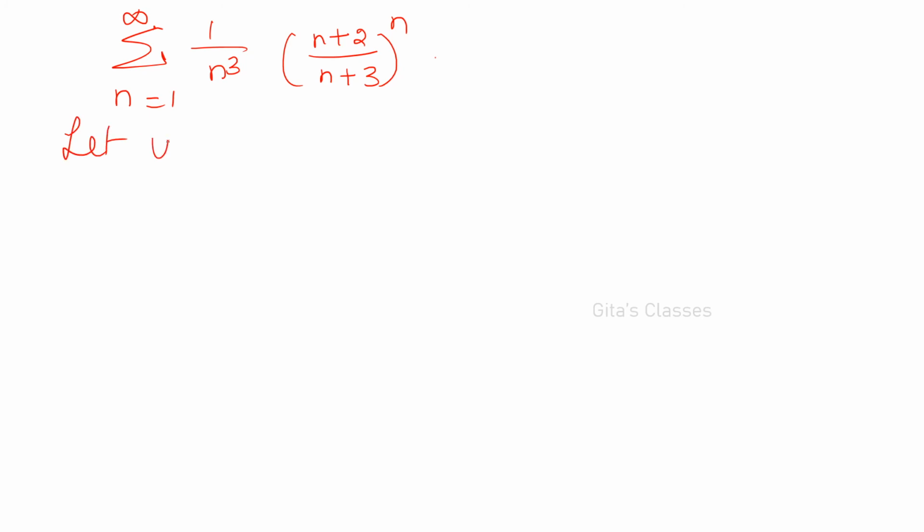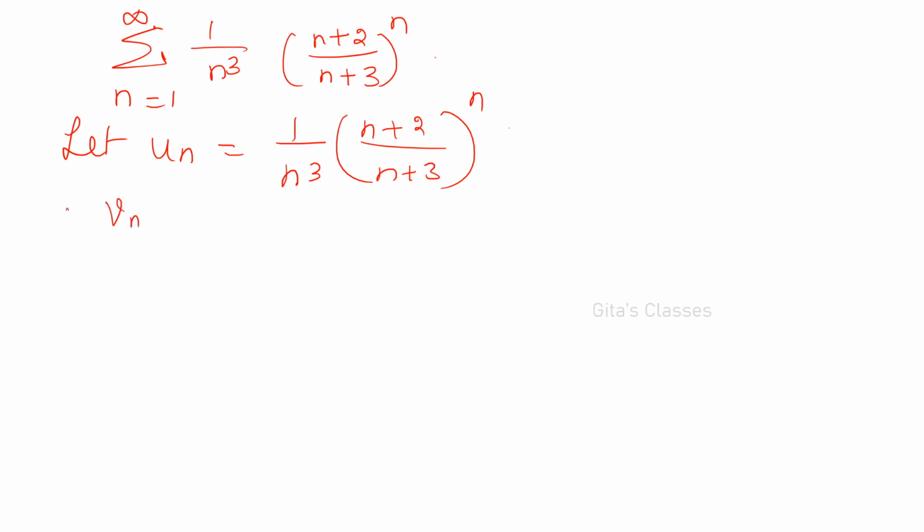So let un is equal to, what is un now? In the previous problems they have given n terms. Now sigma directly they have given, n varies from 1 to infinity. So un is equal to only this term, 1 by n cube into n plus 2 divided by n plus 3, the whole power n. Directly n power 3 is outside, so sigma vn you can consider.